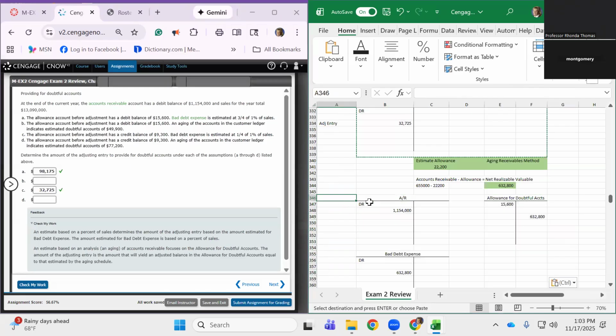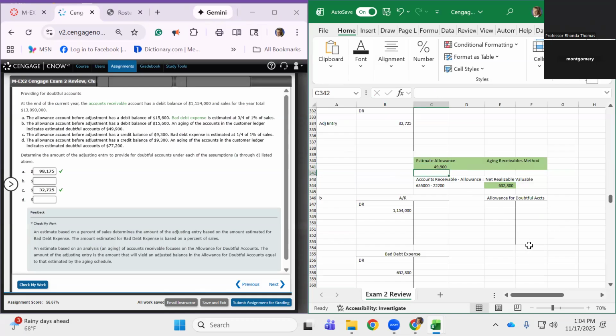So this is going to be B. B as in boy. The same amount of AR, but we're going to watch for how much the balance is in the allowance. So the aging the receivables says that when they did it, I'm not going to make you age a receivable, but I want you to understand that it indicates the estimated doubtful accounts balance should be $49,900.